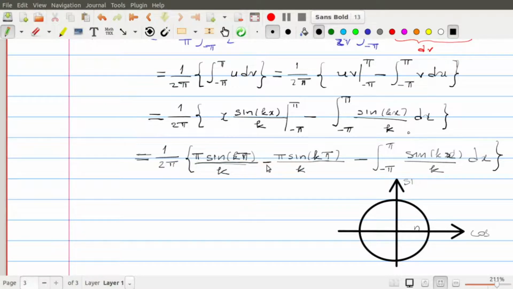But even if this were, let's say for instance, positive, each time you see sine k pi, it will always be 0. Why? Let's look at this. K pi, so this is our trigonometric circle, the positive direction. This angle is 0.